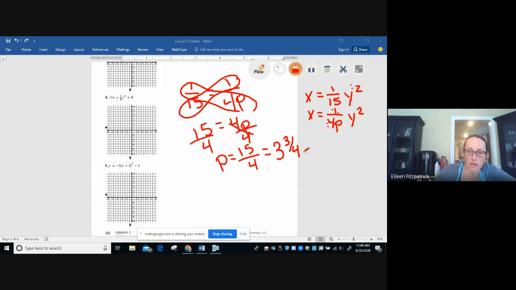Okay. So keep that in mind as we talk about the vertex, the directrix, the focus, the axis of symmetry, and all that stuff. So when we go to graph, the vertex is 0, 0, because there is no h and k values. All right.